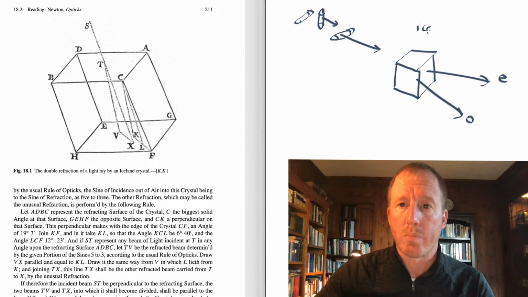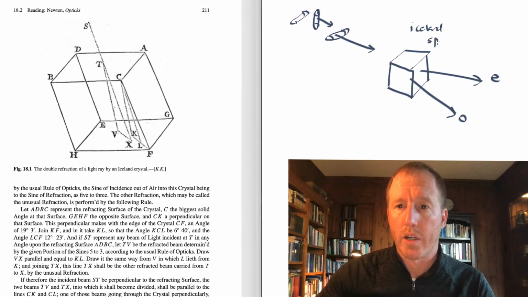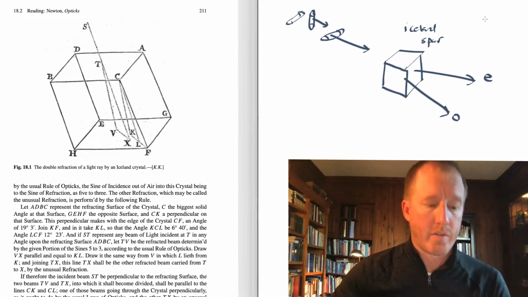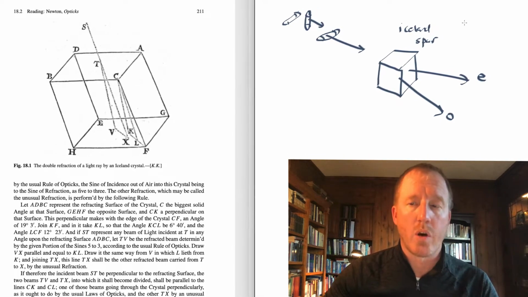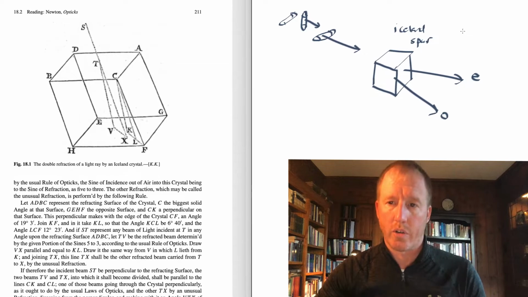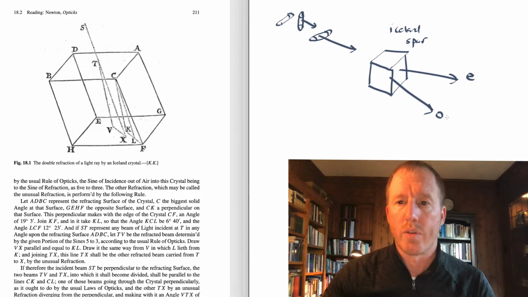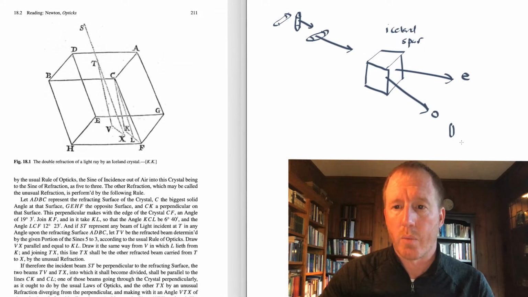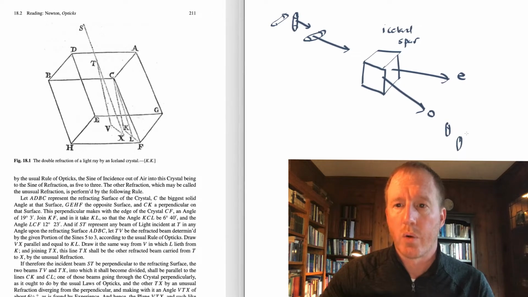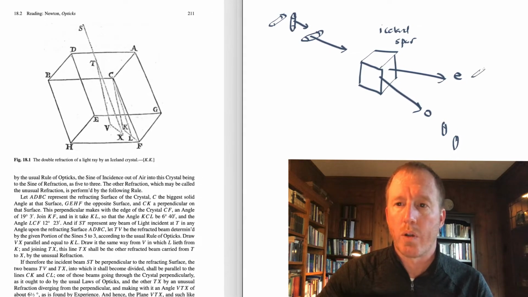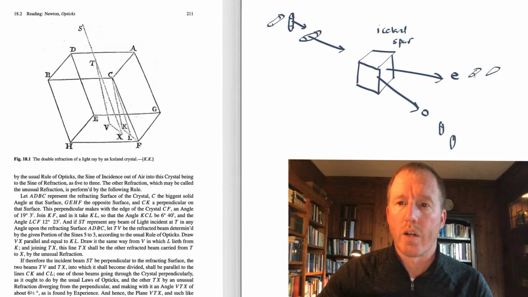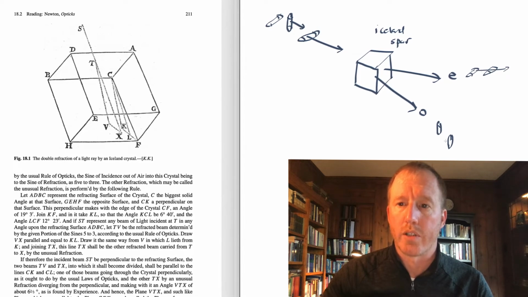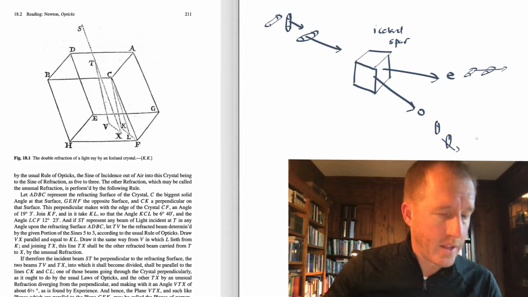How the Iceland spar does this is not quite clear, but there must be some kind of, he says, some original modification, or original feature of these, so that some of them, let's say the ones that are oriented more or less vertically, go through and are bent this way, and the ones that are oriented more or less horizontally go through in this direction. That's the basic idea that he has here.